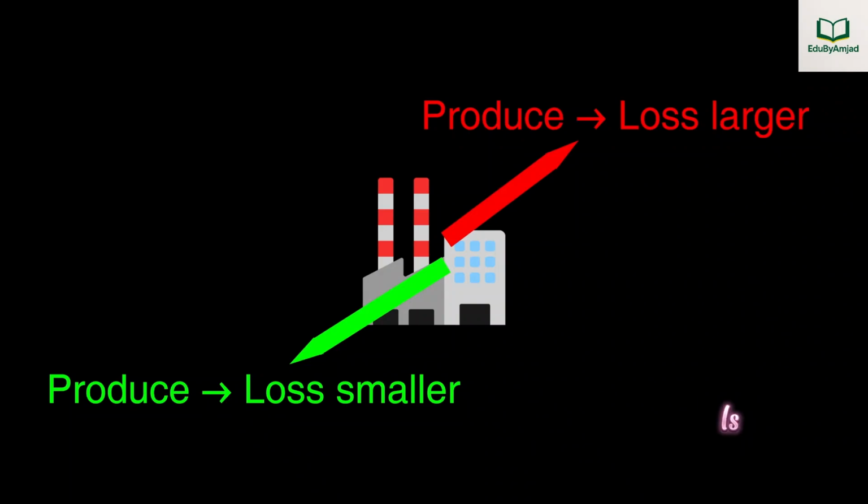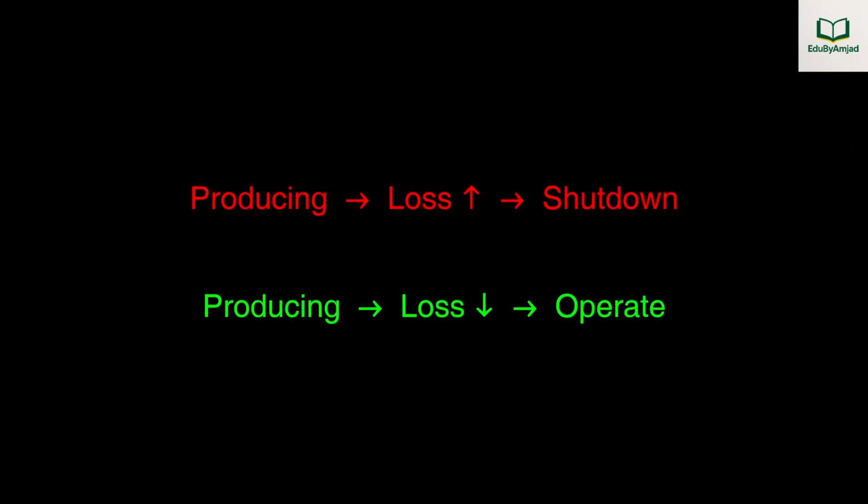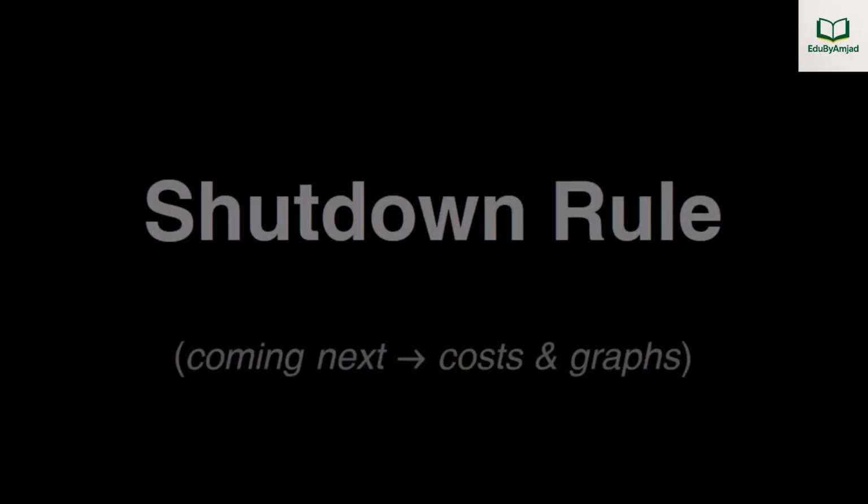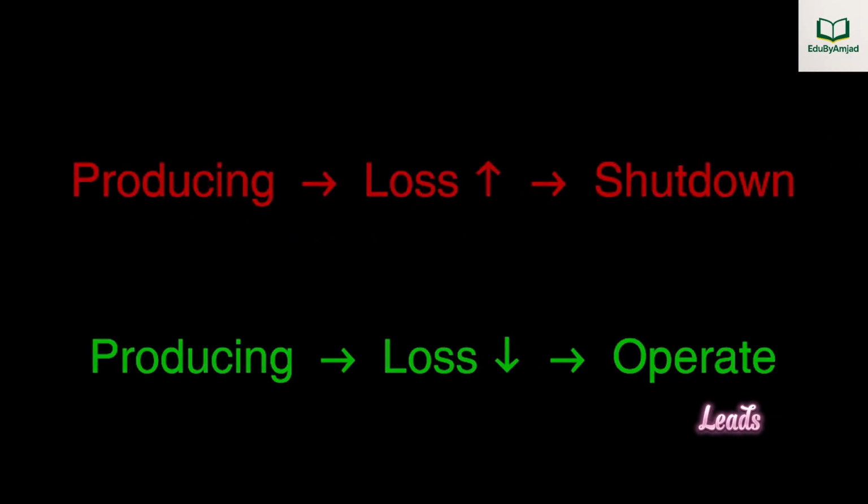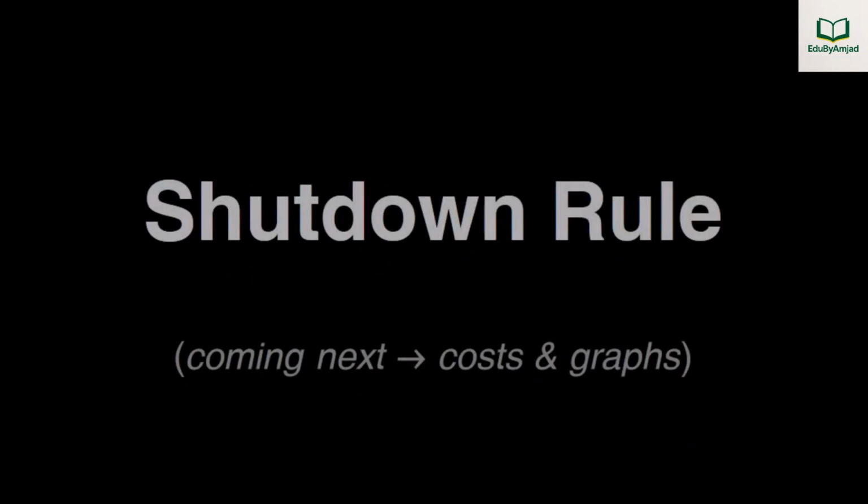The real question is, does producing today reduce my loss, or increase it? If producing increases the loss, the firm shuts down. If producing reduces the loss, the firm keeps operating. This simple idea leads directly to the shutdown rule.